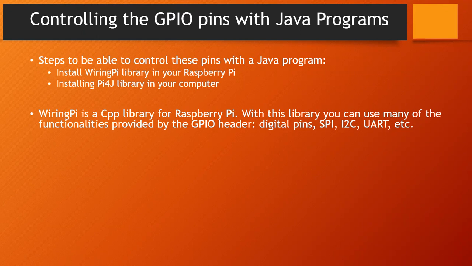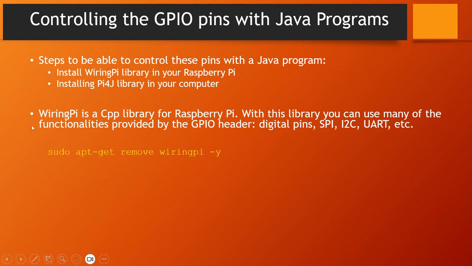It generates a dynamic link library with the .so extension. And with that, you can link this library to your programs in Java. That's the way that Java communicates with this library that is in C++, which communicates with the hardware itself, the microchip. So that's what we are going to do.